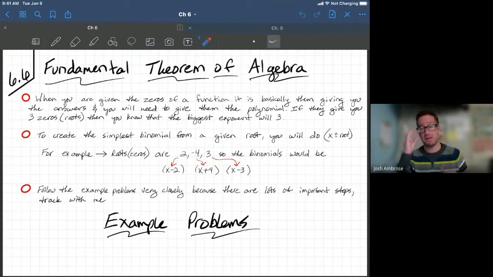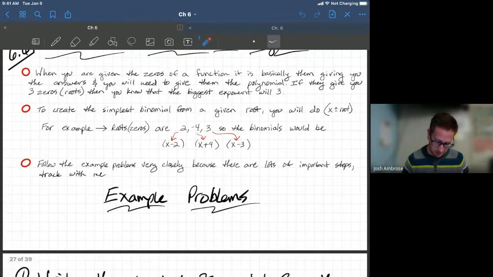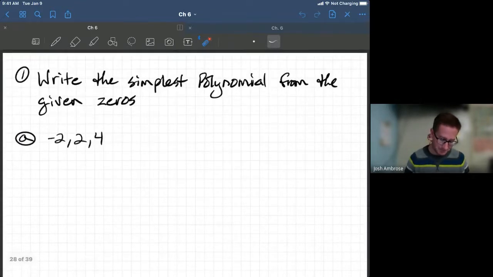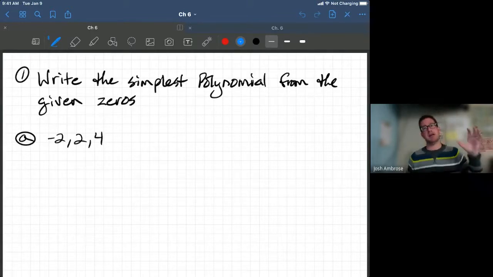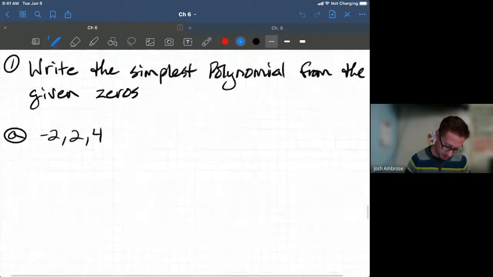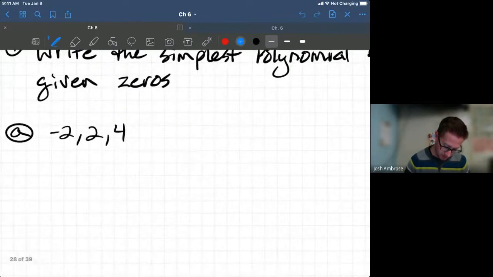As I said, follow along real close, guys. Pay attention to these example problems. Here we go. Write the simplest, the most basic possible polynomial from the given zeros. Step 1 is taking the given zeros and converting them into binomials. Let's zoom in to get a little more space.